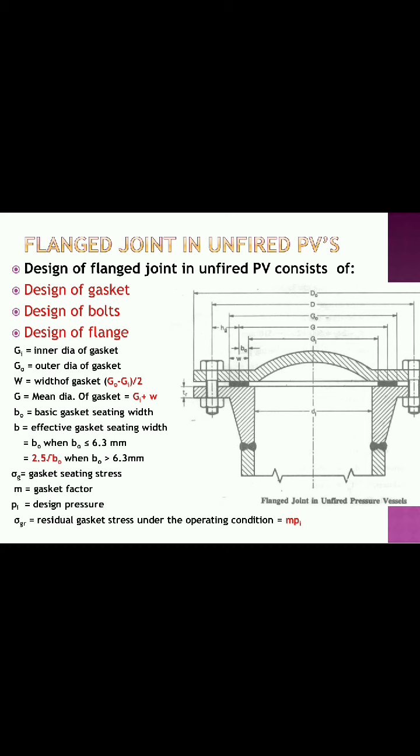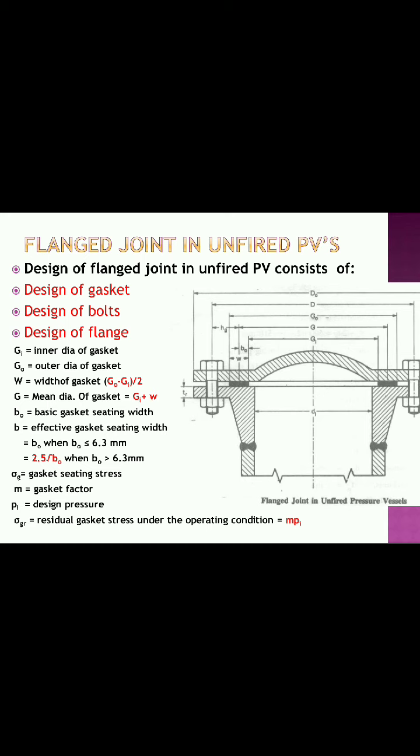So B0, basic gasket setting width, B is equal to effective gasket setting width, where B = B0 when B0 is less than or equal to 6.3 mm, and B = 2.5 under root of B0 where B0 is greater than 6.3 mm.